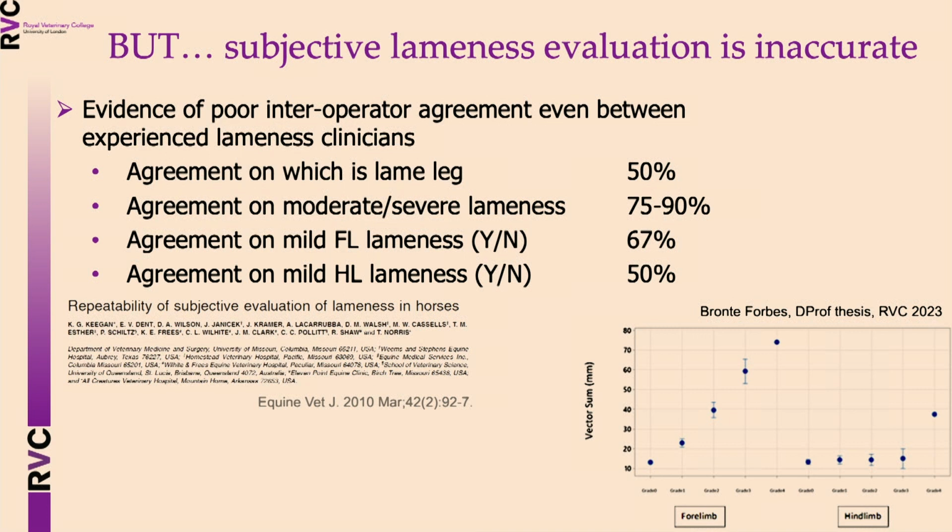On the horizontal axis is the lameness grade, and on the vertical axis the evaluation from the objective system. This is research compiled by one of my PhD students. But this is only for the forelimb, which shows great agreement. If you look at the hind limb, there is no correlation.